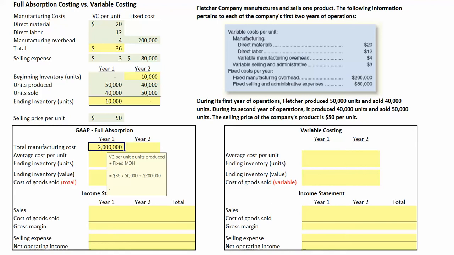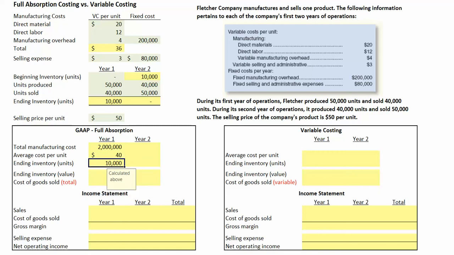If we divide the 2 million by the 50,000 units we produced, we get an average cost per unit of $40. So again, that's the 2 million in cost divided by the 50,000 units we produced.